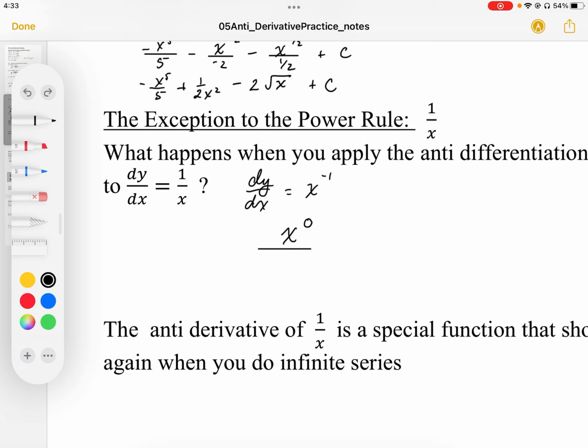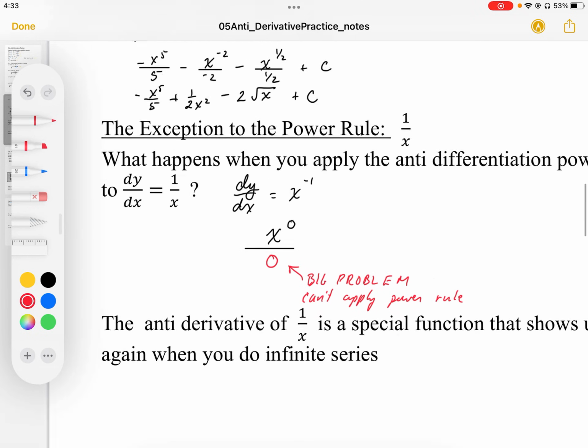And we're going to divide by that power, which means that we're going to end up dividing by 0. Now this is a big problem. And this is why we cannot apply the power rule, because we end up with this divide by 0.